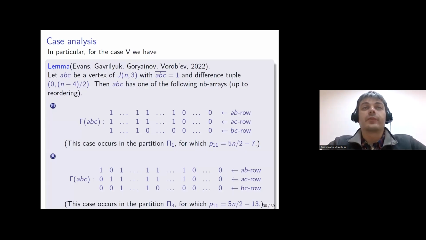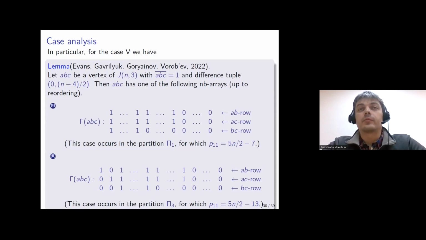So, for example, for case 5, we have proved the following lemma. ABC is a vertex of the Johnson graph J(n,3), ABC is an element of X1, and we have a difference tuple (0, (n minus 4) divided by 2).